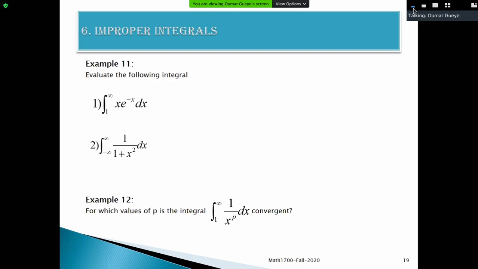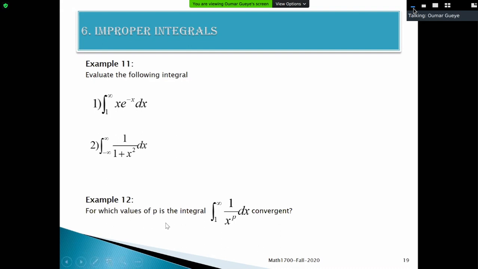In these three cases, your integral is divergent. Otherwise, it's always convergent. Okay? Sounds good? So next we'll see an example where the integral is divergent. Just keep in mind the definition here.